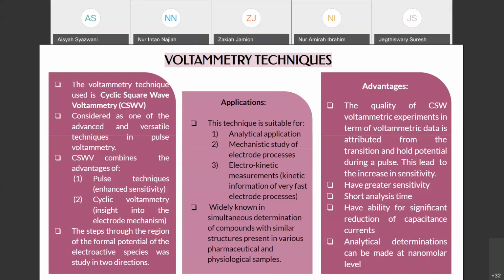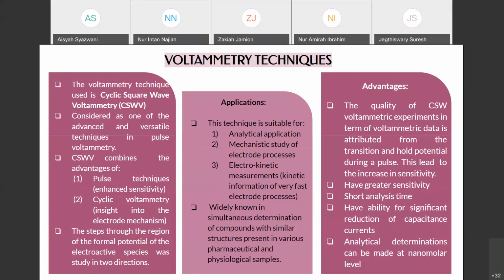Next is the advantage. Cyclic square wave voltammetry shows a broad range of advantages over other voltammetric techniques. As you can see here, the quality of a cyclic square wave voltammetry experiment in terms of voltammetric data is attributed to the transition and hold potential during a pulse.